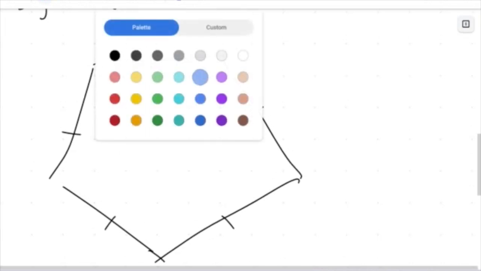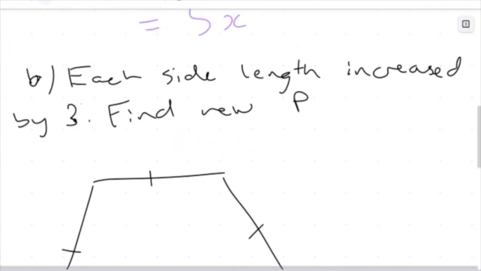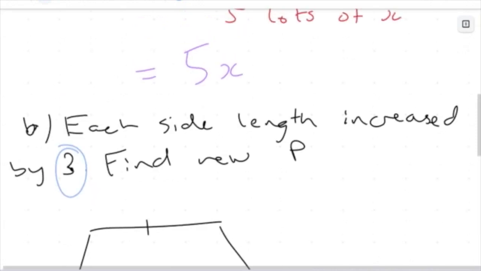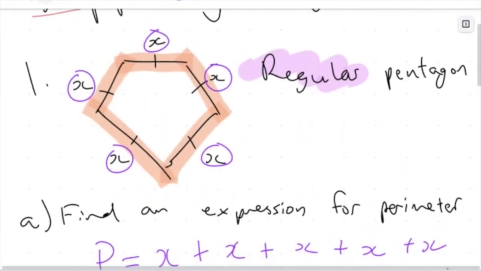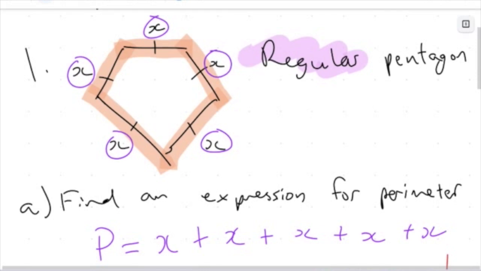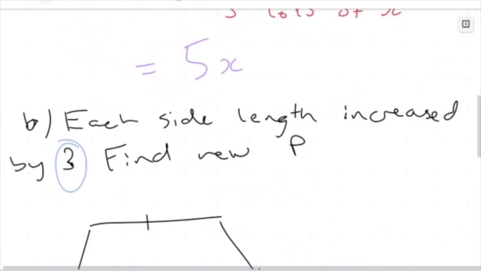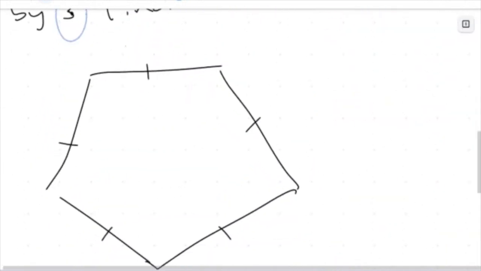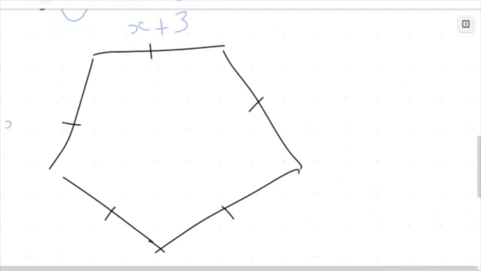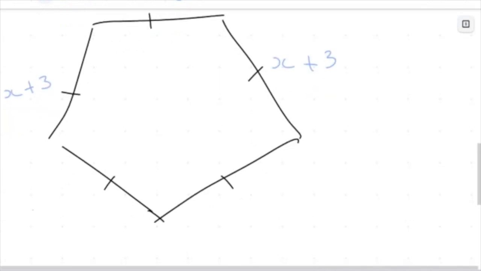So what are my new lengths? Well, it's just 3 more than x up here. So how can I write 3 more than x using maths? Well, I can write this as x plus 3. And I have x plus 3, because all of these sides are equal.